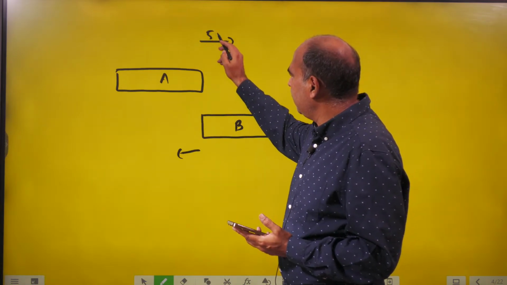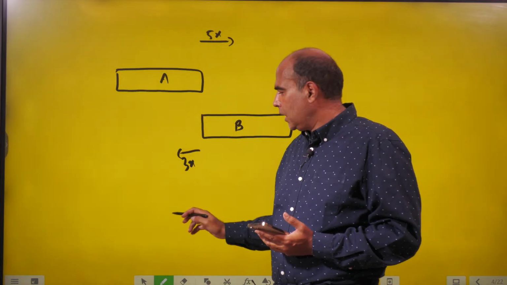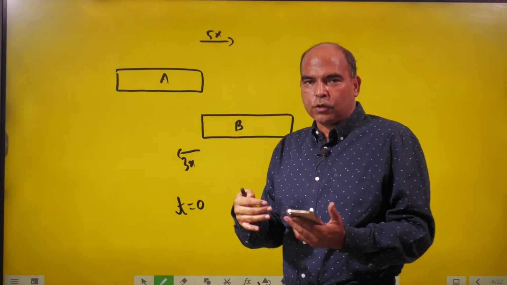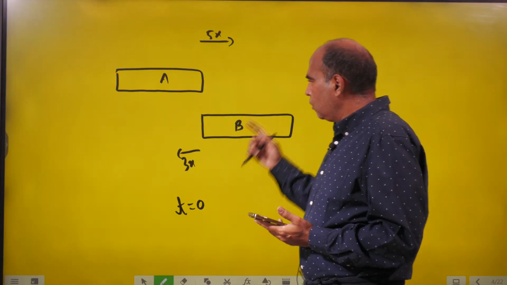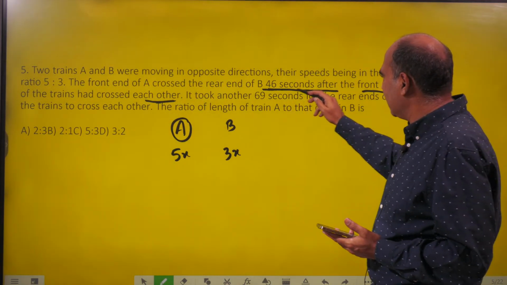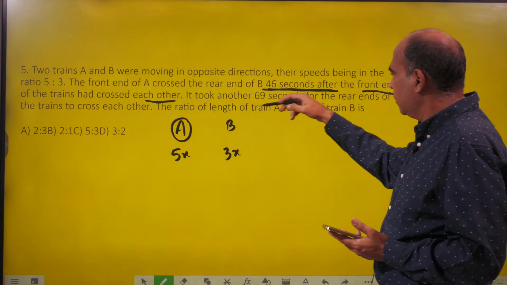This is traveling with the speed of 5x, this is traveling with the speed of 3x. And this is the point, time t equals 0, they started crossing.